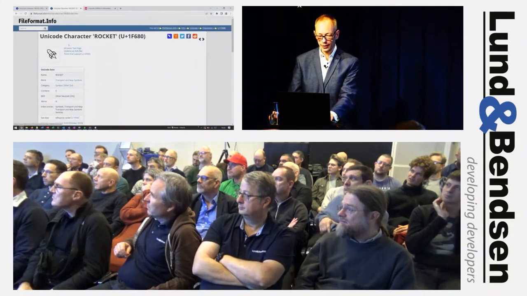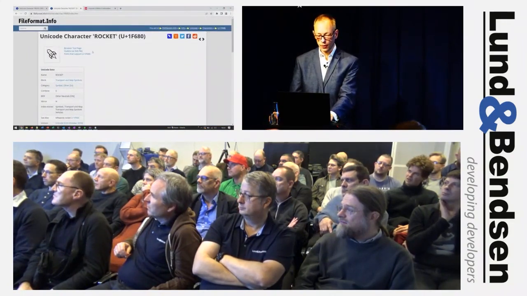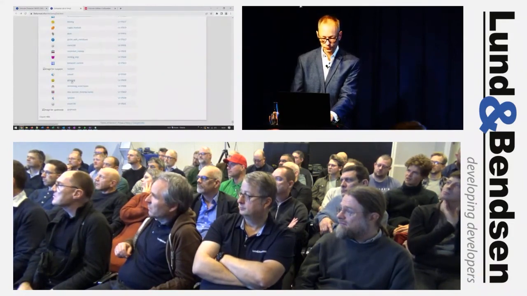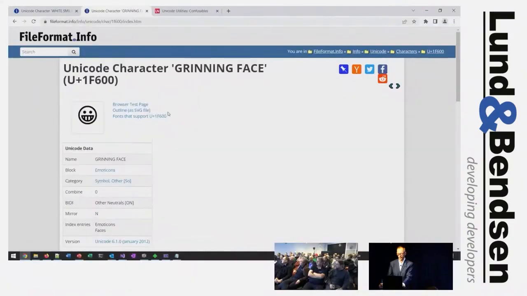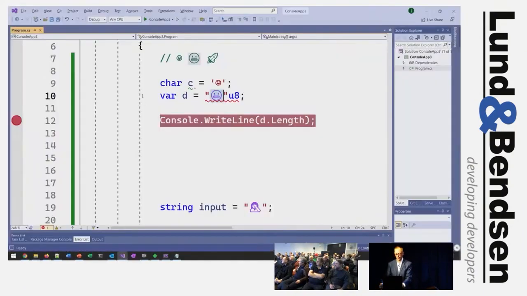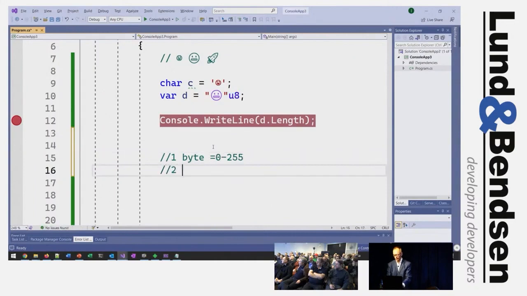So if I look at a given character, like a rocket here, or I can take an emoji character like this one, its value is 128,000. And we know that 1 byte is 0 to 255, and a char that is 2 bytes is 0 to 65,000.